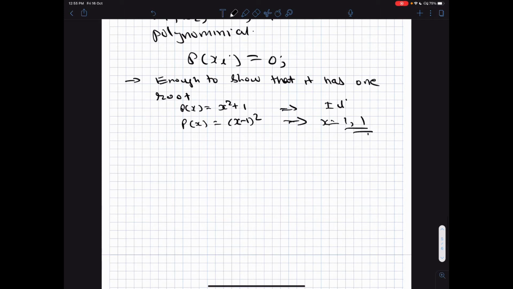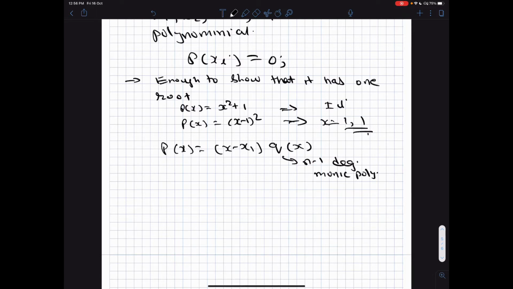So suppose you show that it has one root. Then what does it mean? You can write p of x as (x minus x1) into the remaining quotient q of x, which will now become an (n minus 1)-degree monic polynomial.